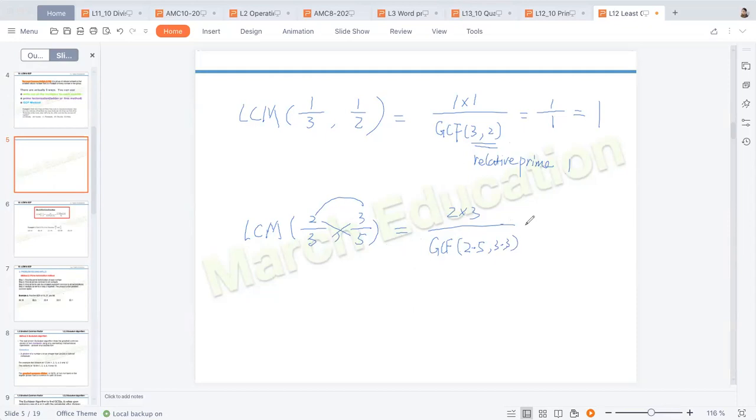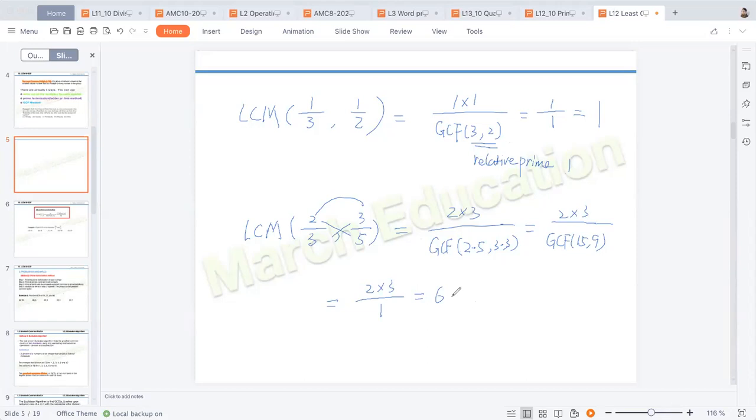You can see the GCF of 2 times 5, that's 10, and 3 times 3 is 9. They are also relatively prime, right? So it's 2 times 3 over 1, which is 6.